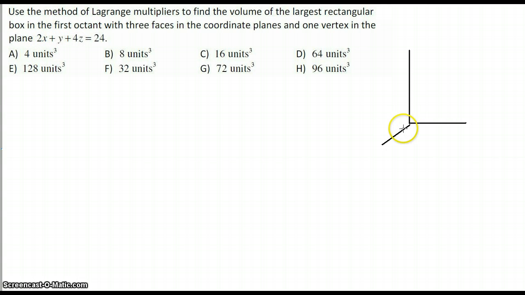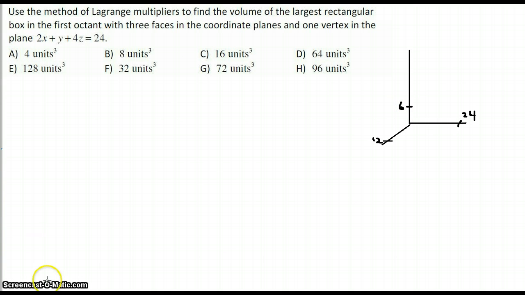It'll intersect the x-axis when x is 12, both y and z are 0. It'll intersect the y-axis when y is 24. It'll intersect the z-axis when z is 6.